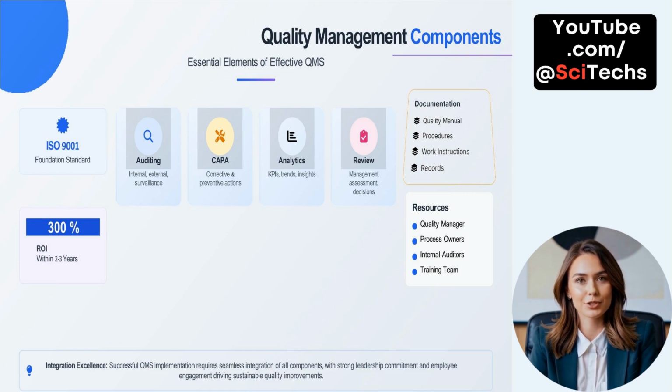Critical resources for QMS success include quality managers, process owners, internal auditors, and training teams. With proper integration of all components, organizations can expect a 300% return on investment within 2 to 3 years. Integration excellence requires leadership, strong coordination, and employee engagement to sustain long-term quality improvements.